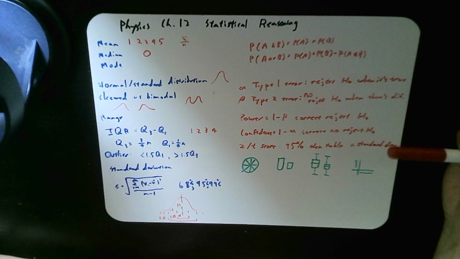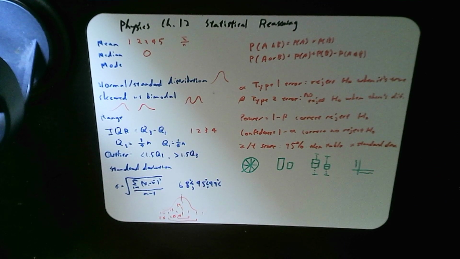So basically, if you're 95% confident, that usually constitutes that you're within the 3 quartile range. And the Z versus T-score table will be provided on the MCAT, which shows you what value you'll need to multiply by the standard deviation.